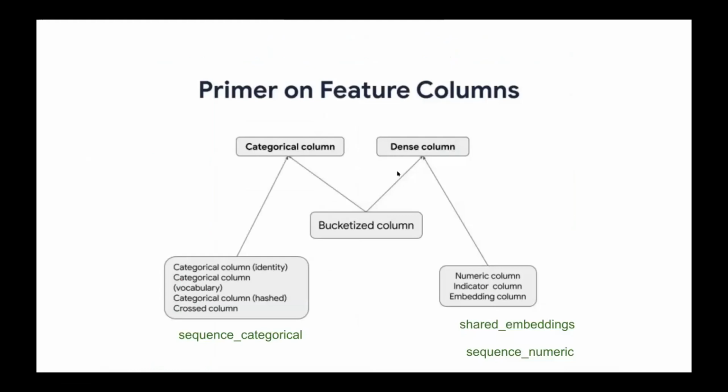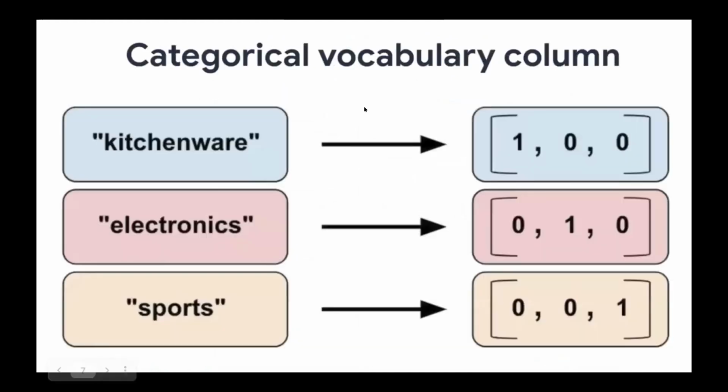All right. So that was the categorical column identity. But what if we've got strings, objects instead of numbers in there? Here's an easy way to do it. Let's suppose we have a vocabulary where we've got items in a store or whatever, and we want to map them to a category.